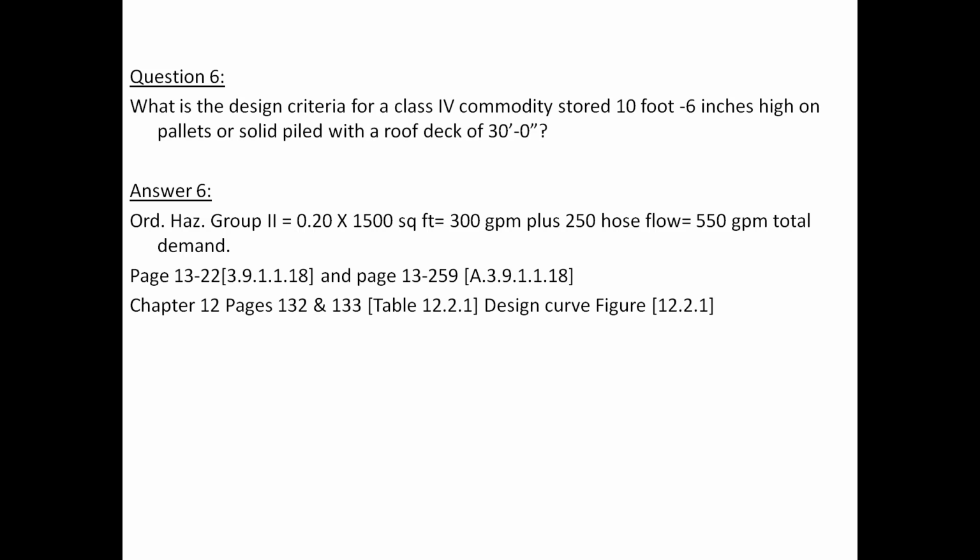Question number 6. What is the design criteria for a class 4 commodity stored 10 foot 6 inches high on pallets or solid piled with a roof deck of 30 feet?